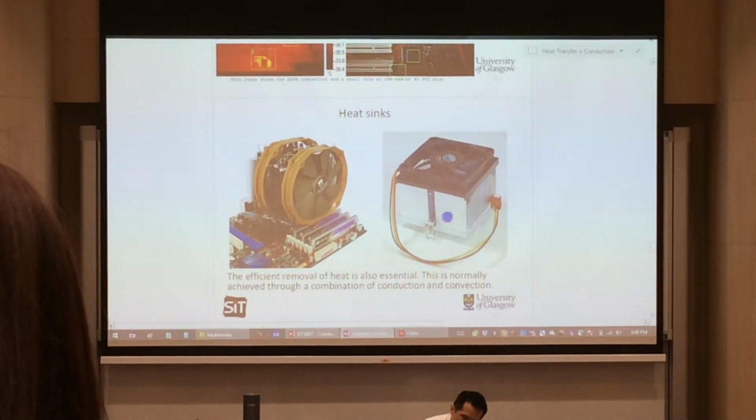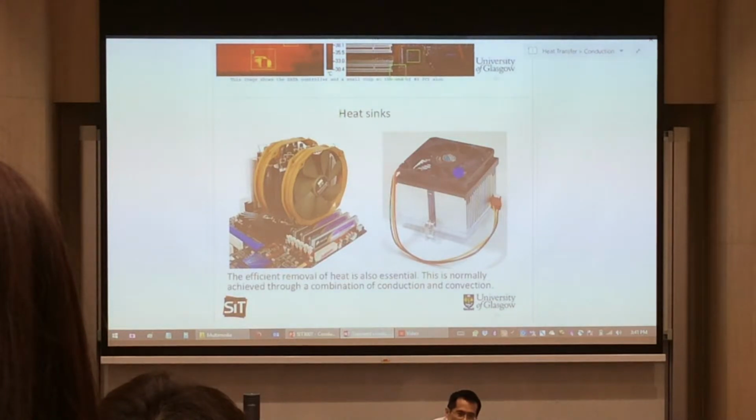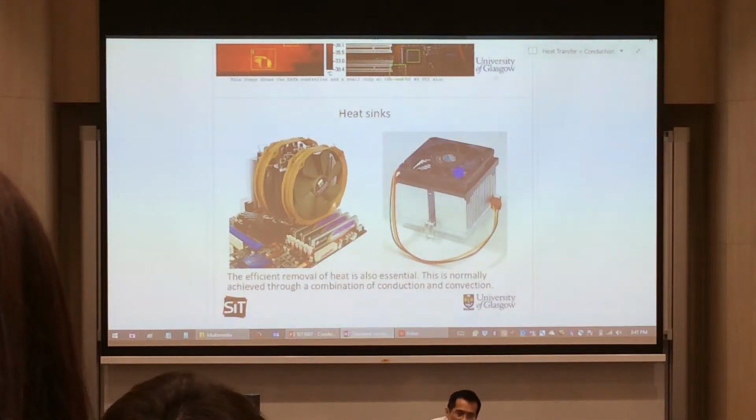And the forced convection is going to cool down these cooling fins so that the heat from the bottom part of it, which is your microprocessor, will be transferred out into the environment so as to lower the surface temperature of that microprocessor. Why do we want to do that? That's because if we don't cool it down, then it's going to run into a thermal runaway.